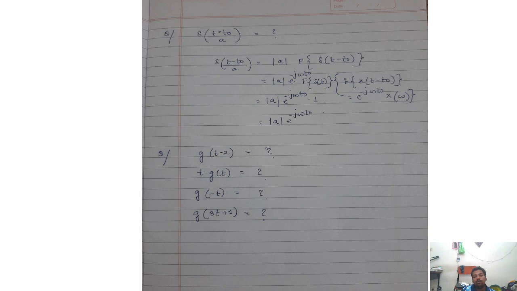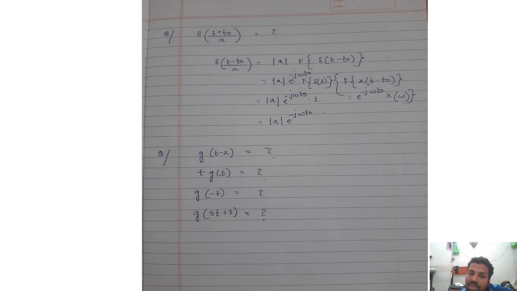Just now we have studied the time shifting property of the Fourier transform, and I think those who have checked the lectures have understood it in detail. So the Fourier transform of x(t minus t naught) is equal to e to the power of minus j omega t naught into X(omega). Here t naught is t naught, and the Fourier transform of the signal del(t), the impulse, is 1.